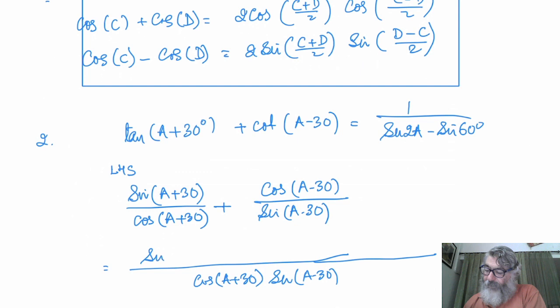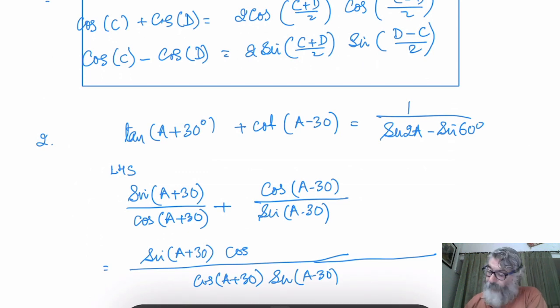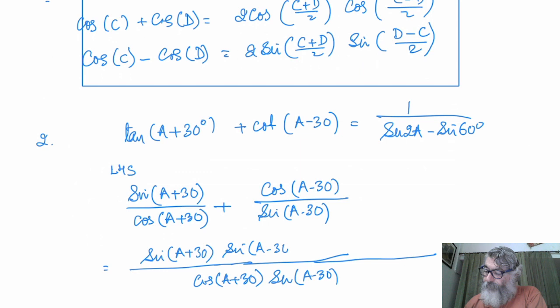It will be sine(A+30), sorry, I have written sine O, it should be sine, sine(A-30) plus cos(A-30) and cos(A+30).